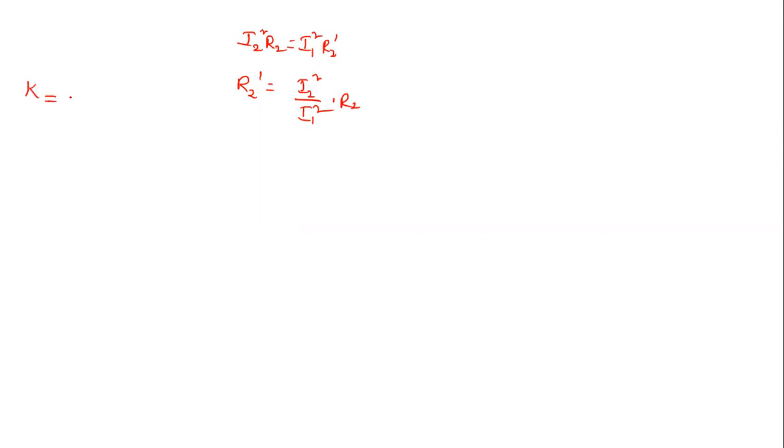Now I want to replace this with some value K. K is the transformation ratio, which is given by E2 by E1 is equal to N2 by N1 is equal to I1 by I2.